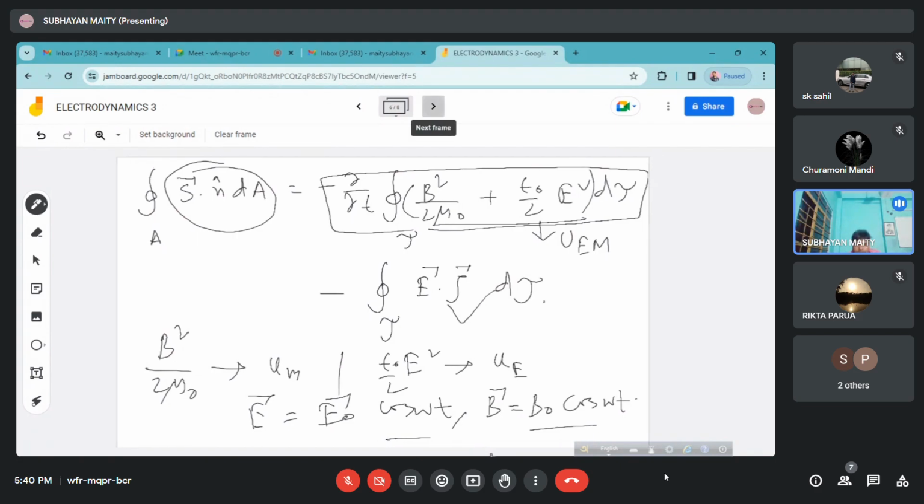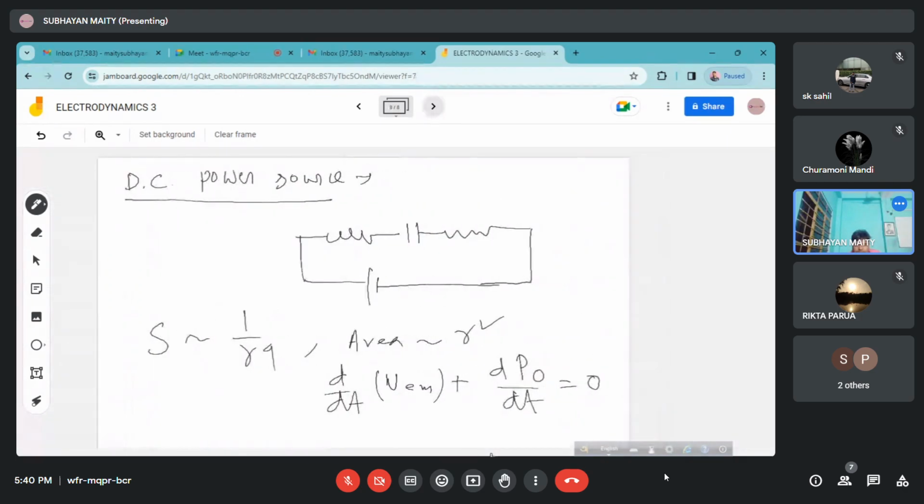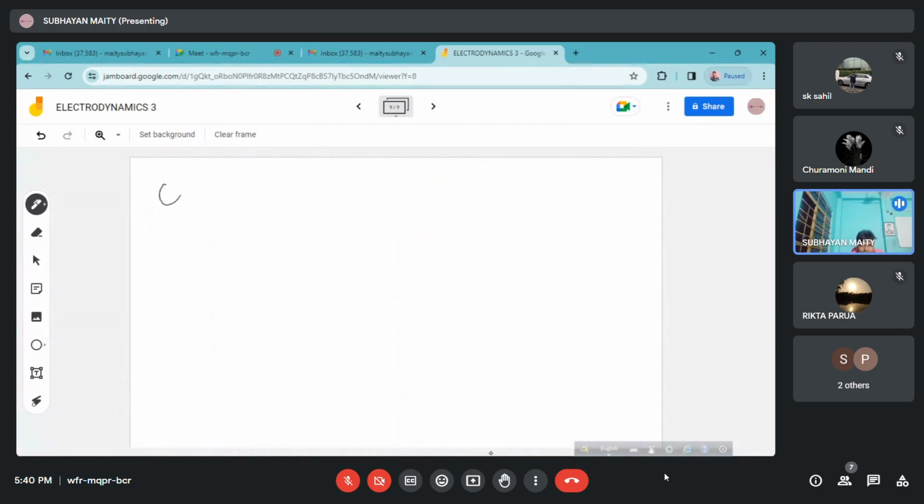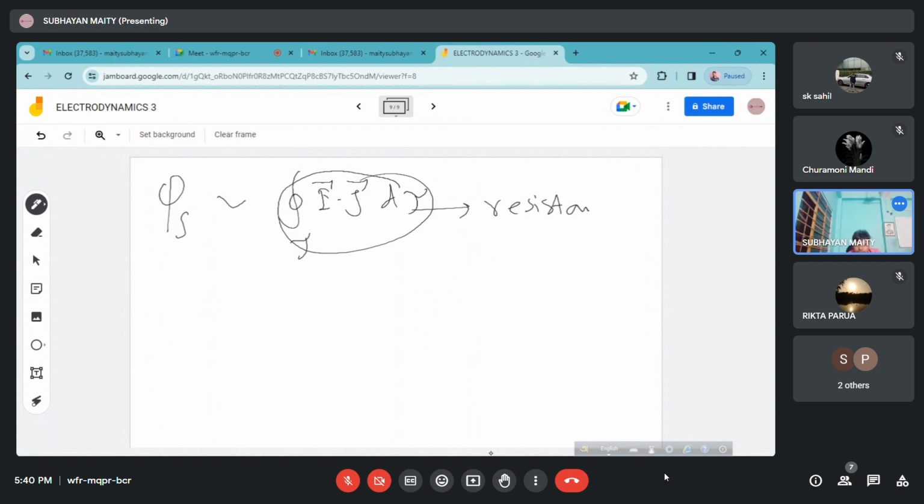Okay, so you can say this phi s will be like E dot j e tau over tau, and we have already found this corresponds to some resistance.